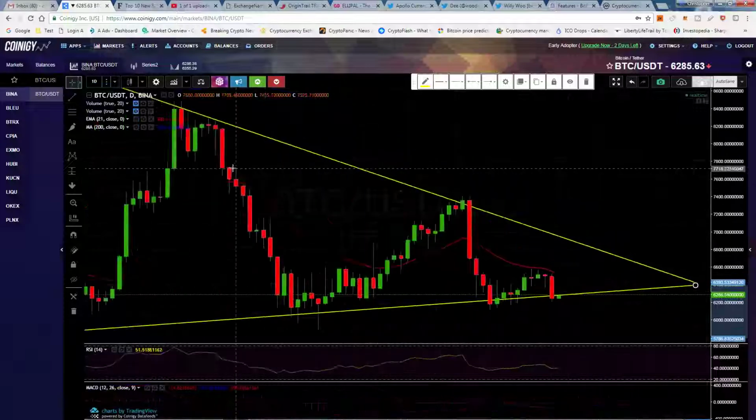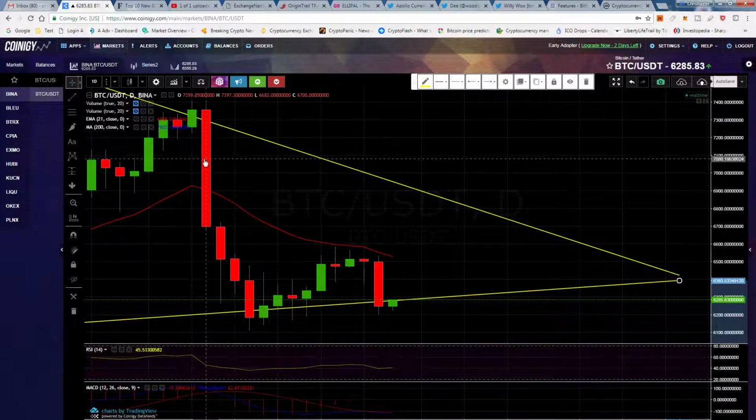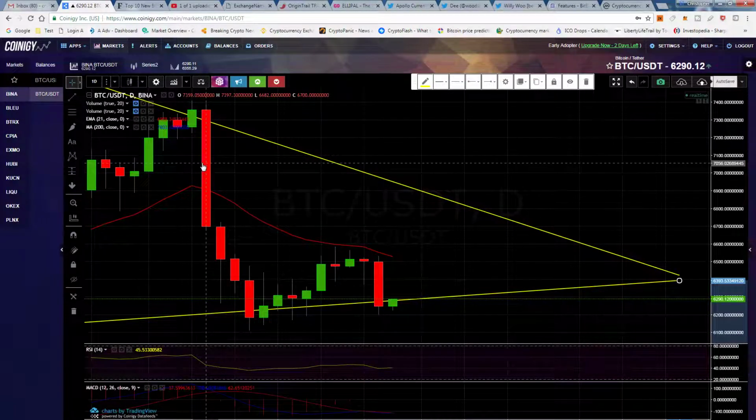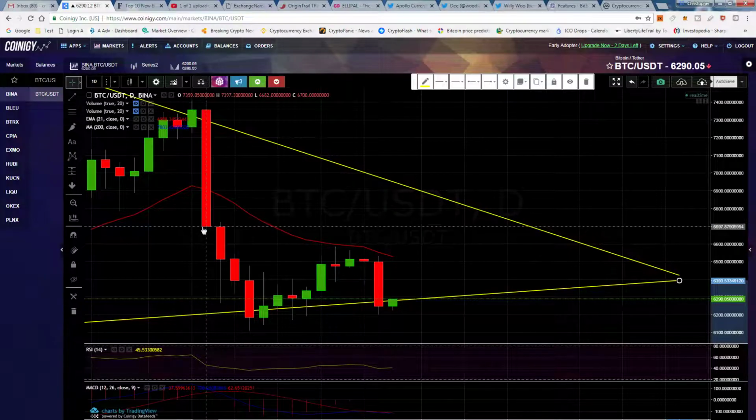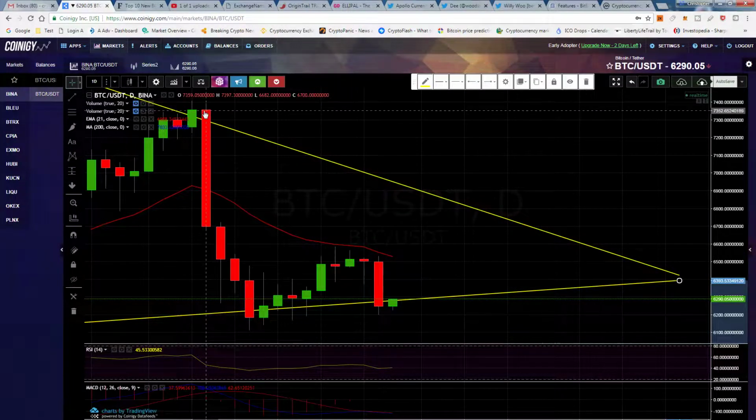If you zoom in on one of these candles and hover over it, these numbers fill in and show you this candle opened at 73.59. The high was 73.97. The low was 66.82. And the close was 67.00. The close is where the candle stops. Remember, bearish candles open at the top.